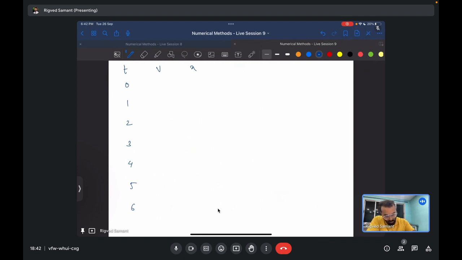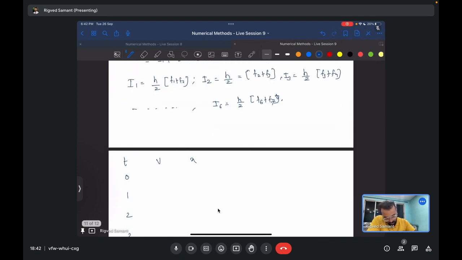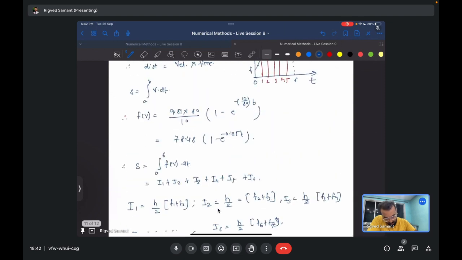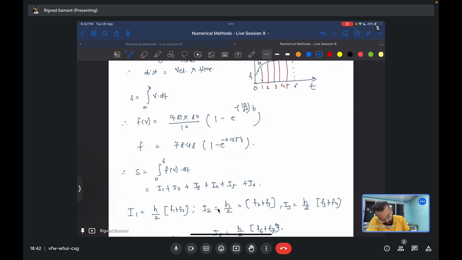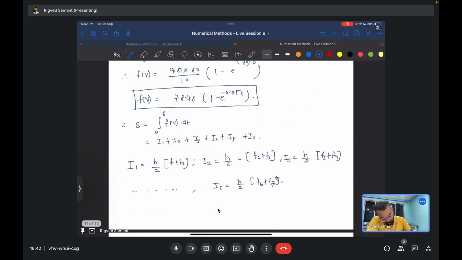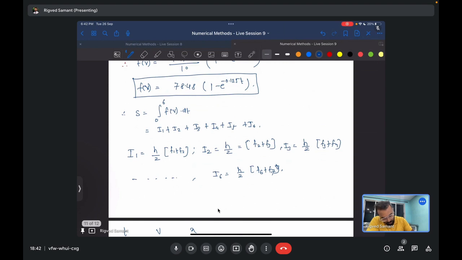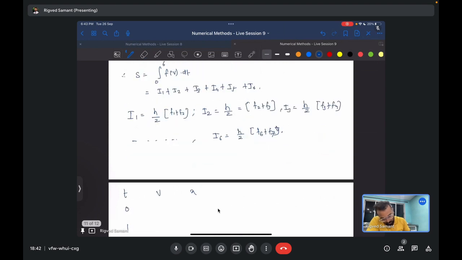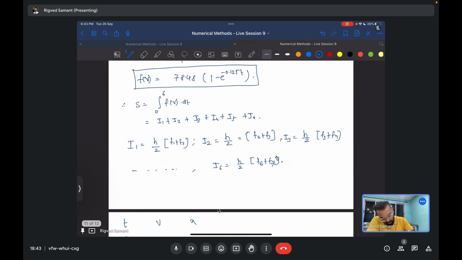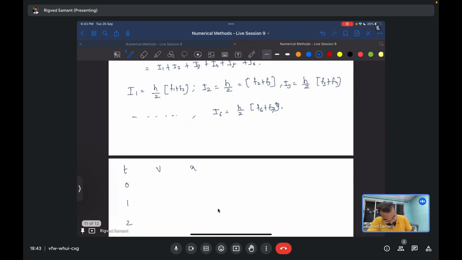If you substitute into V, you have to put this 0 into this function of V. If you put 0 here, this will become 0. So 1 minus 1, 0. So basically the value would be 0, right? So this is your 0.